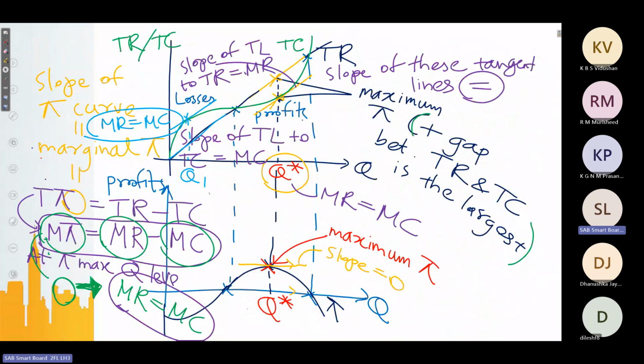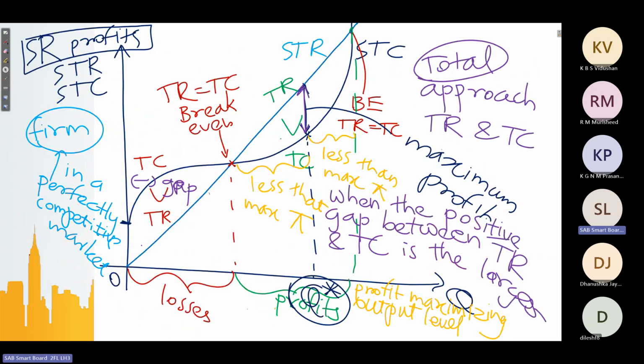Here, what do we observe? What happens to the slope of the total revenue curve? It's clear from here. Slope of total revenue curve is increasing.